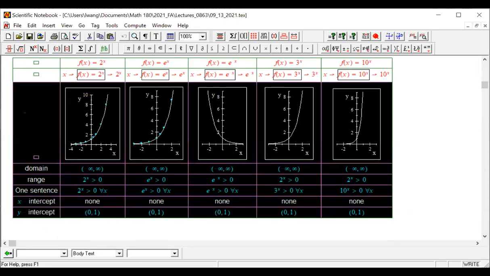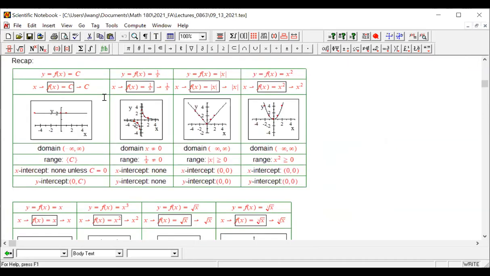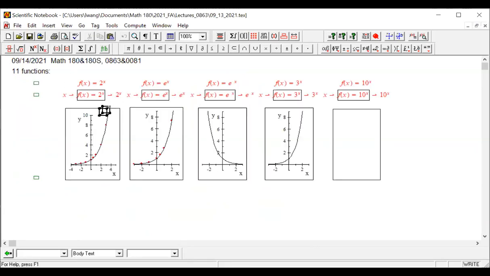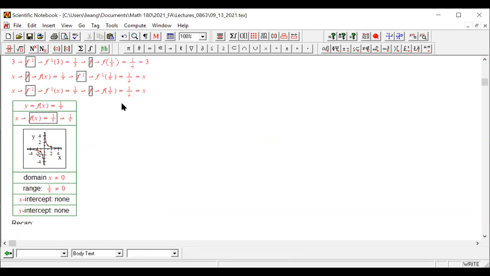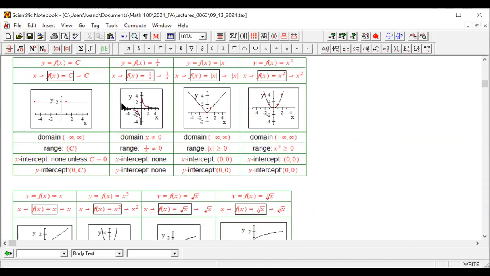So I'm going to copy this table, and this table.